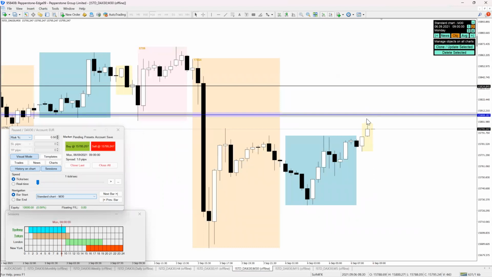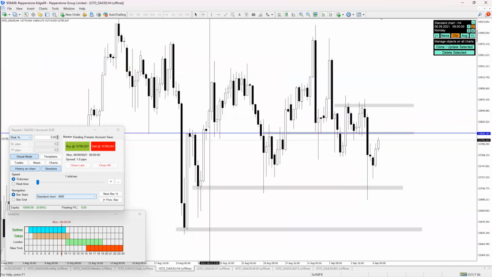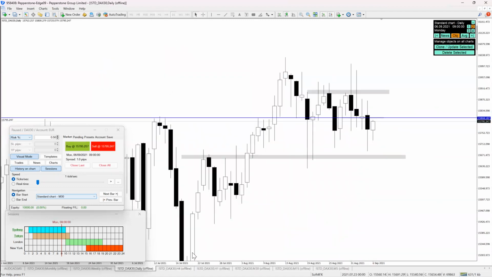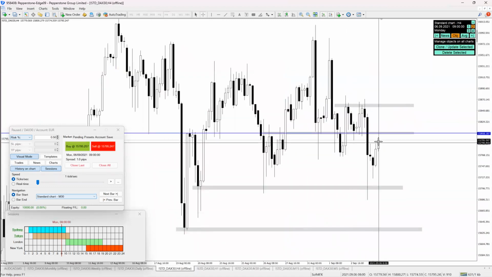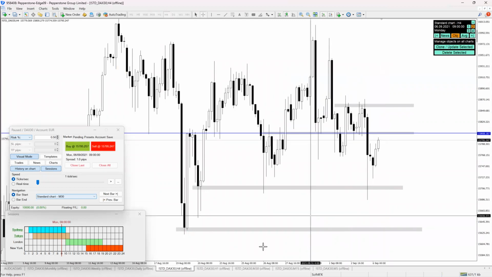Yeah, I think I'm going to look for price to push down. Let's see if we can get a little scalp to go up, but otherwise, if it's going to push up, I would let price create a support to keep pushing up.